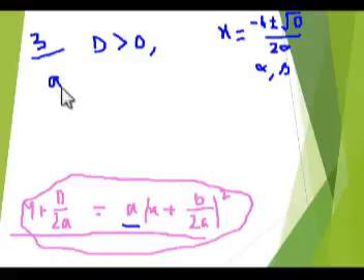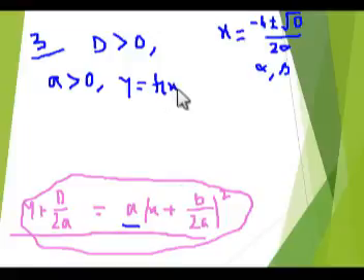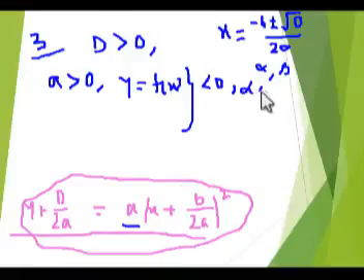For a greater than 0, and d is always greater than 0, y will have three kinds of values. f(x) will be less than 0 if x belongs to alpha to beta, meaning x belongs to between the two roots.